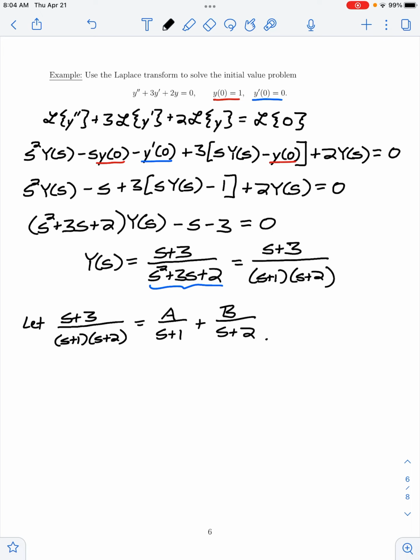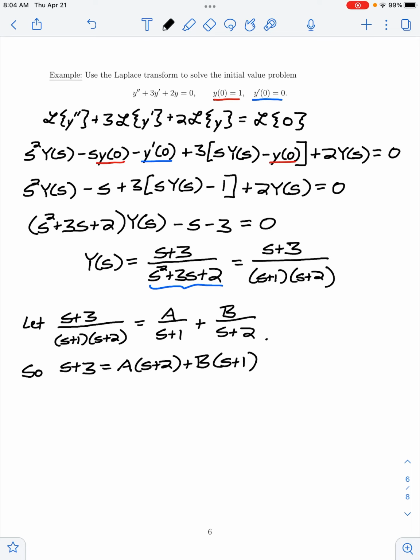And so to solve for A and B, I could multiply both sides by the common denominator, (s + 1)(s + 2), giving me s + 3 is equal to A(s + 2) + B(s + 1).